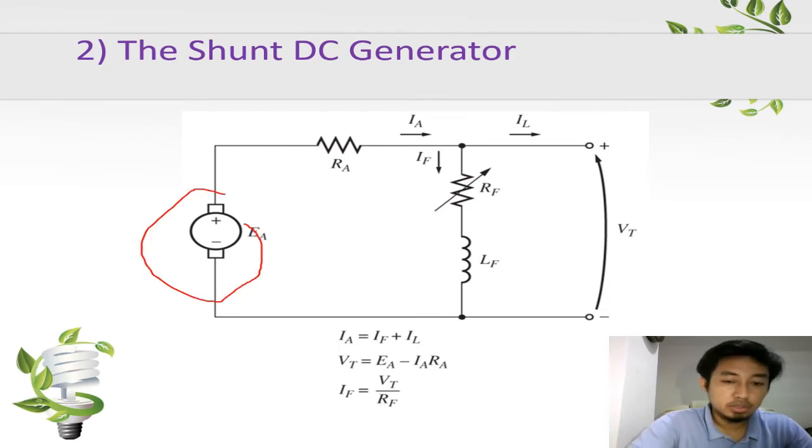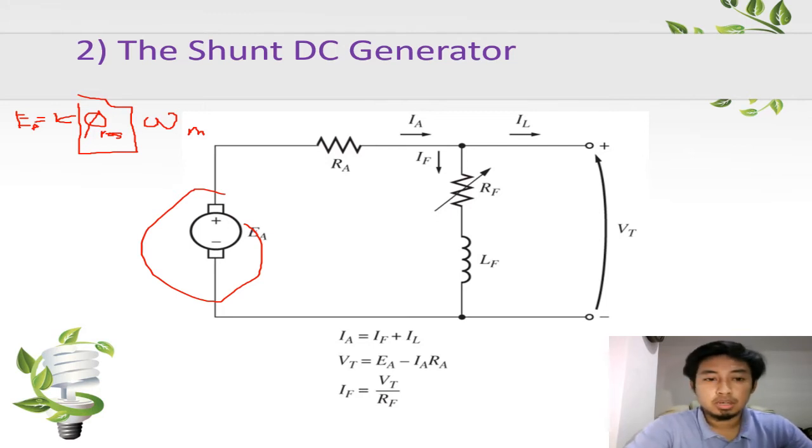EA equals K phi omega, where phi is the residual flux, so the residual flux is required, along with K and the speed.